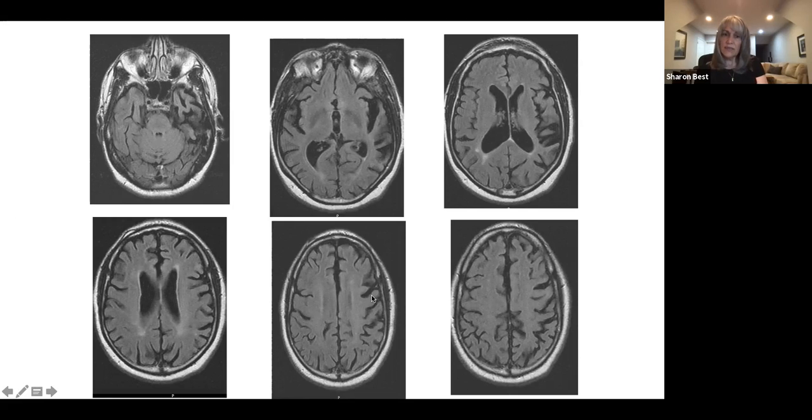So here we have definitely some widened sulci, more on the left compared to the right. Seems to be affected almost going down a little bit into the parietal lobe. And on this particular slice, we can really see that left is more affected than right. And we have some frontal atrophy, and even a little bit of parietal atrophy.